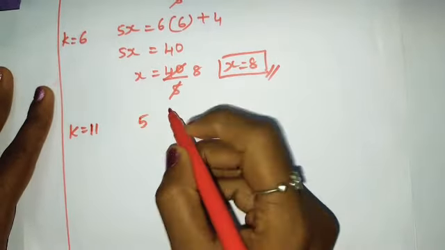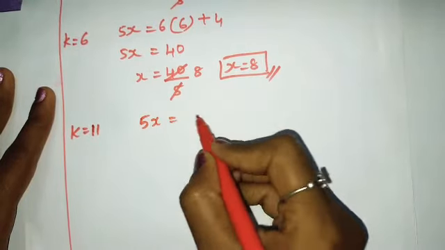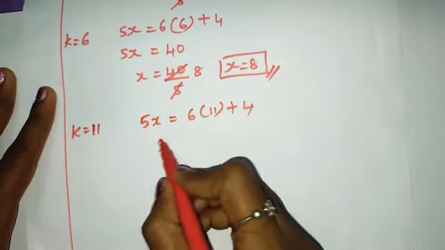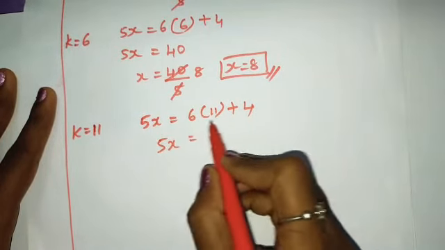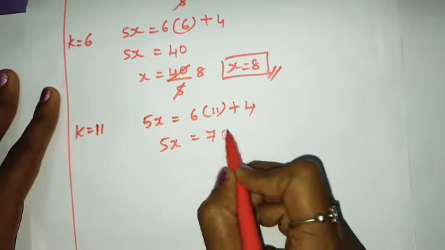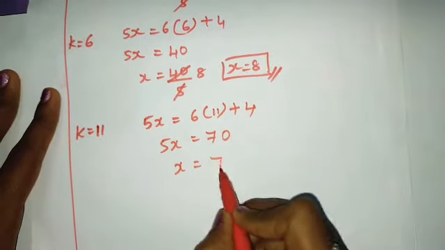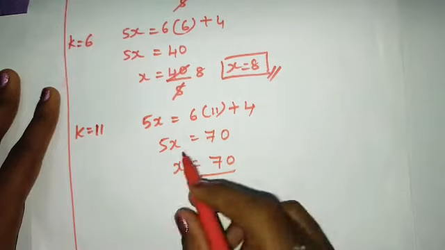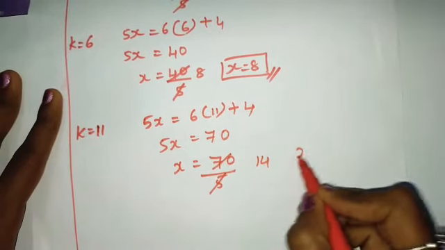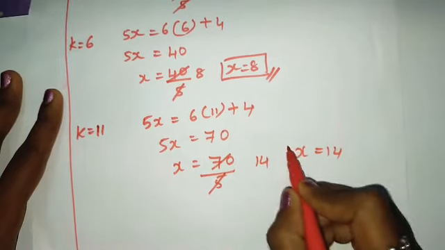So 5x is equal to 6 into 11 plus 4, which is 66 plus 4, that is 70. So x is equal to 70 divided by 5, which is 5 1s are 5, 5 14s are 70. So your x value is 14.